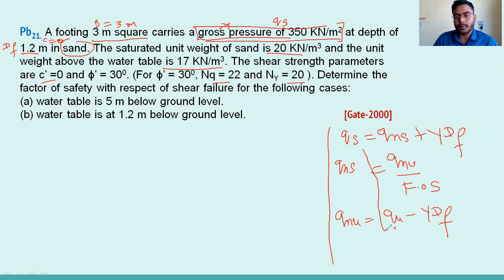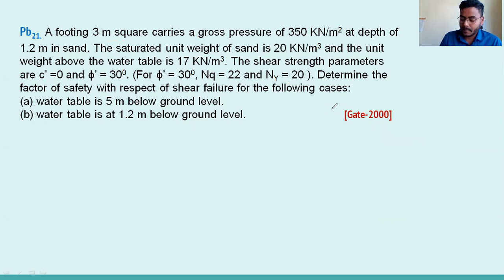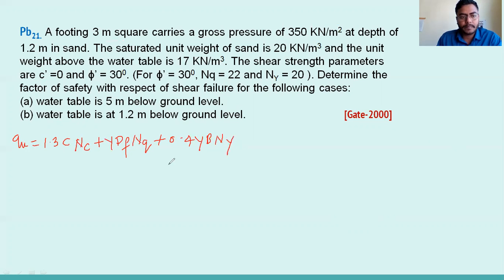So from here we have to reach these values. Let's do that. Let's write the general expression for the ultimate bearing capacity of the square footing: 1.3 C NC plus gamma DF NQ plus 0.4 gamma B N gamma.